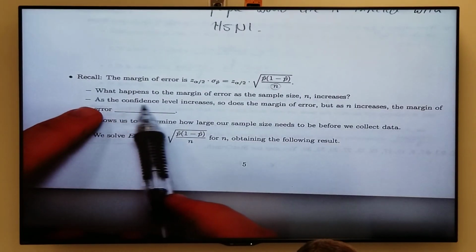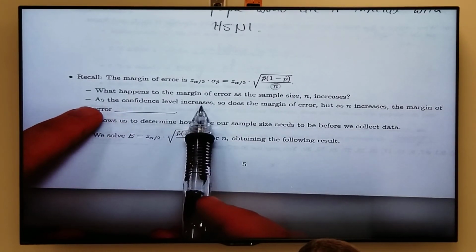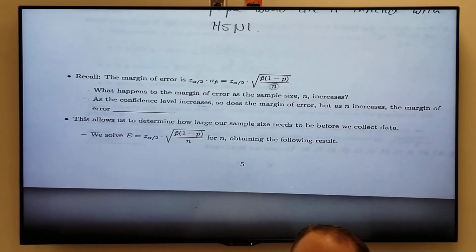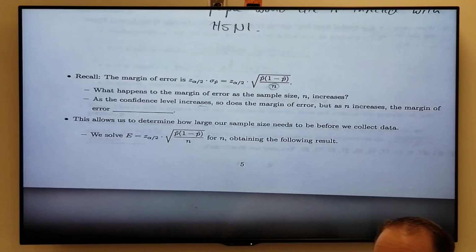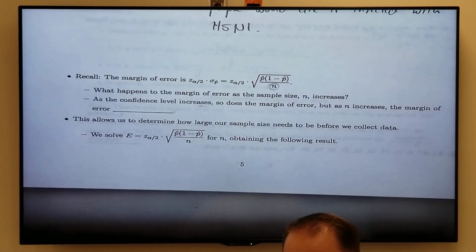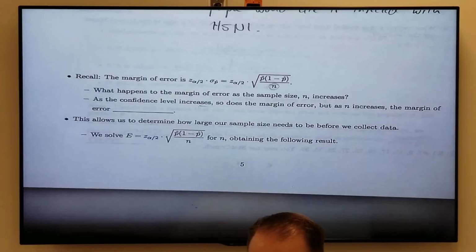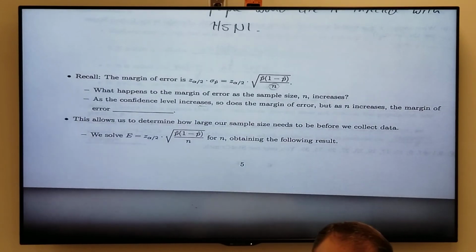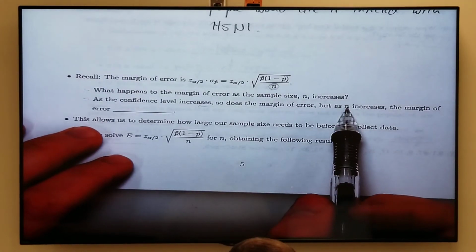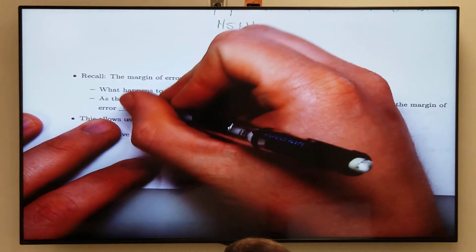So as the confidence level increases, so does the margin of error, right? If we want to be more confident that our interval contains the true population proportion, then we need to make the margin of error larger, to contain more numbers. But as our sample size n increases, the margin of error decreases.